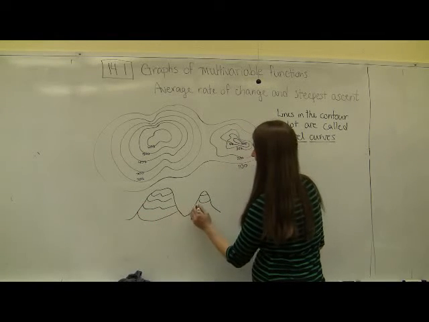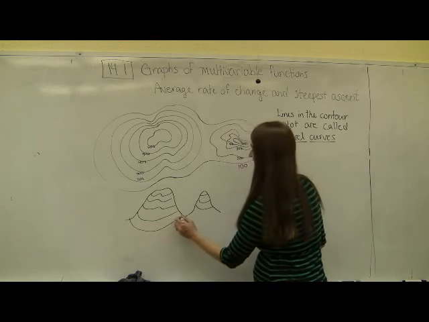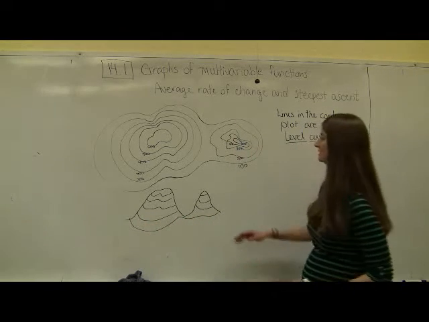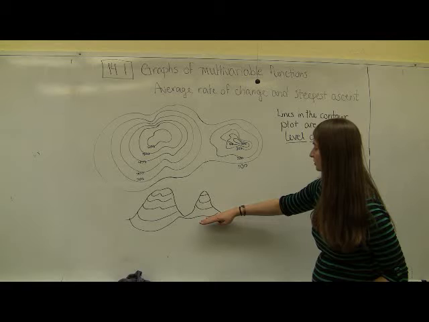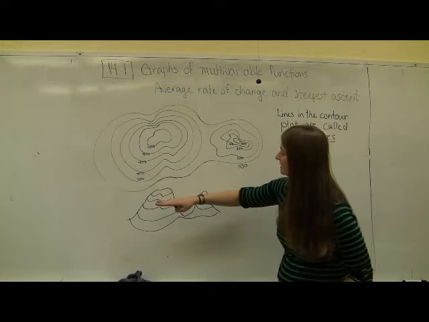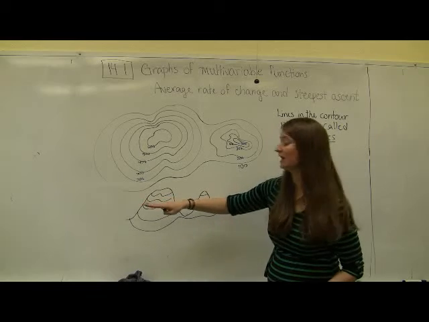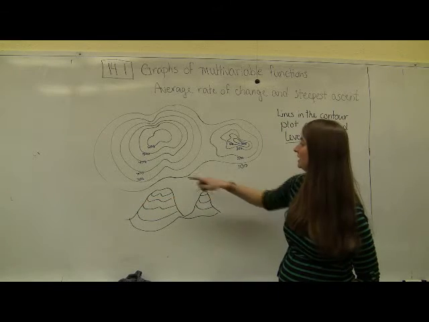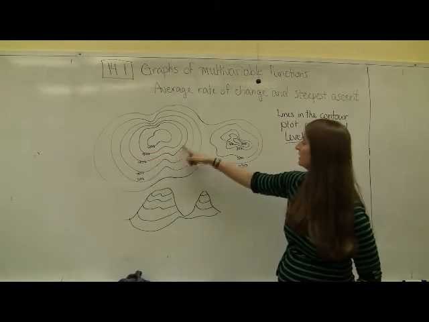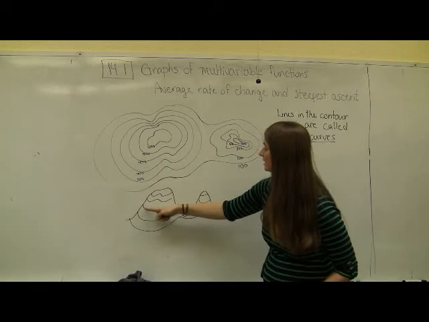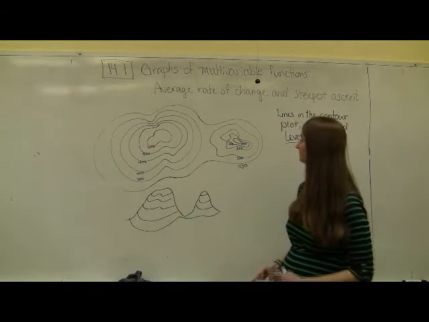If I were to draw what these slices are doing, this isn't exactly right, I don't think I have the exact right number of slices. But the idea is that if I were to take some knife and slice this terrain, the level curve would be given by all of the places along here that are exactly the same height.